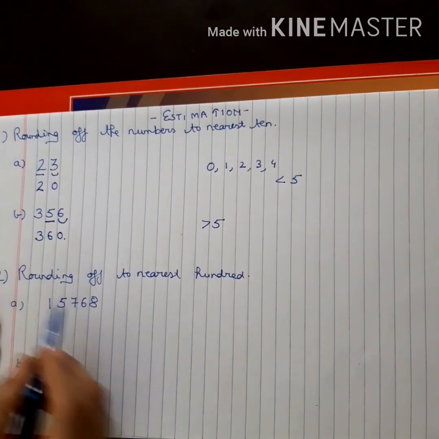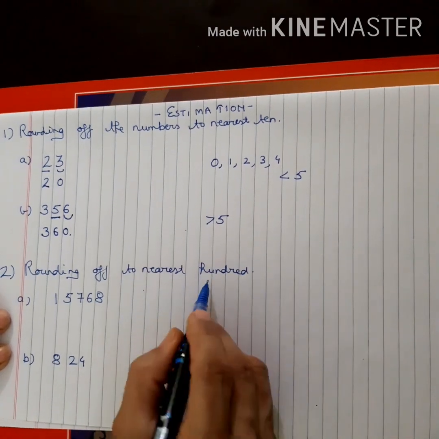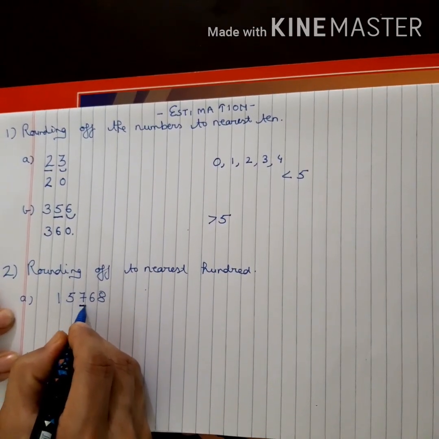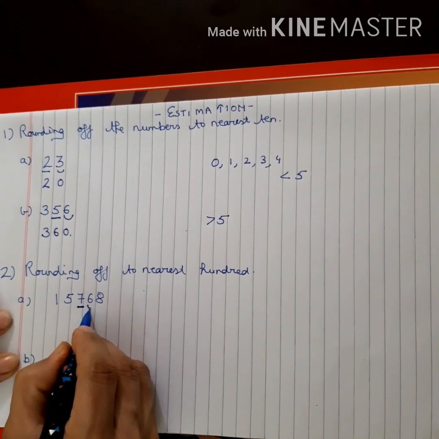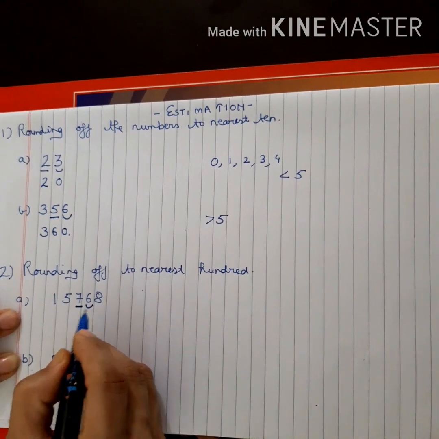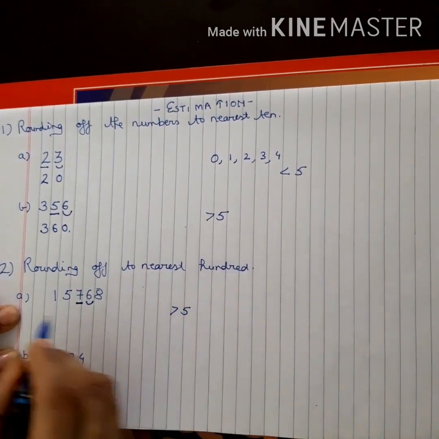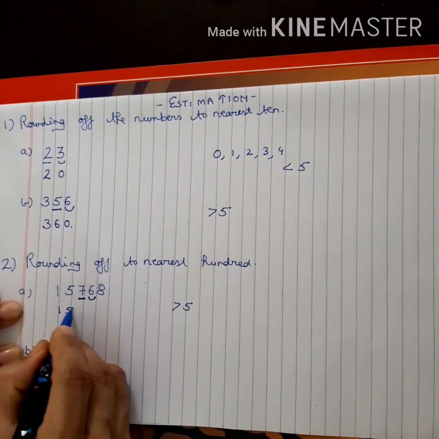Second, rounding off to nearest 100. So we will underline the digit at 100 place and we will check the digit at tens place. Now this tens place digit is more than 5. So this 7 will increase by 1. This will remain same.